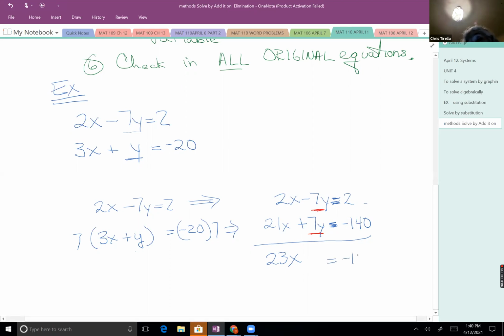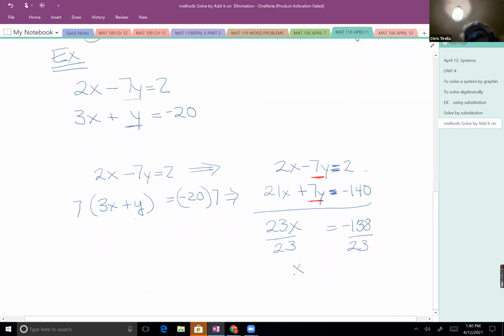So what I've done is I've eliminated the y's. Or I did my magic, I made them disappear. So now I'll finish solving, dividing both sides by 23. I'll get x equals negative 6.